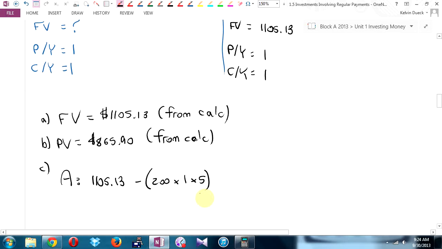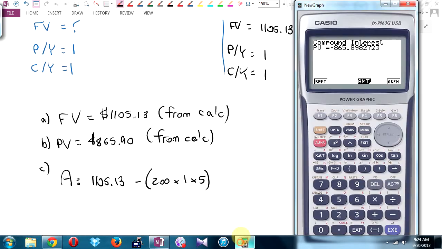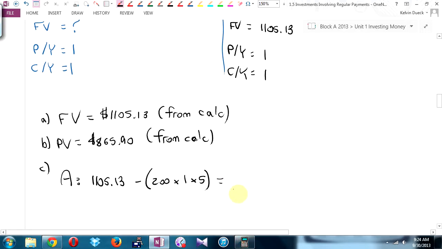I think 200 times 1 times 5 is 1,000. Yes? I think he invested $1,000. So on your calc, you know what, I can figure this out. I'm pretty sure it's going to be $105.13.